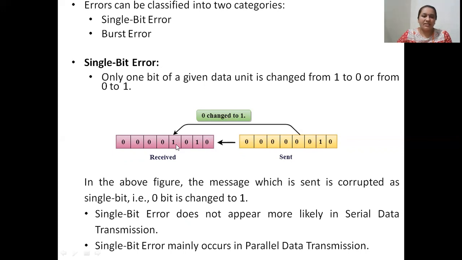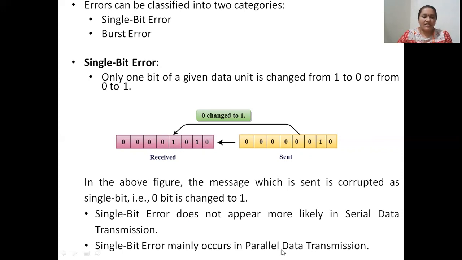This data unit gets transmitted, and when it reaches the receiver, the data which is received is 00001010. So you can observe the 5th bit has changed from 0 to 1. So in this data unit, a single bit error has occurred.